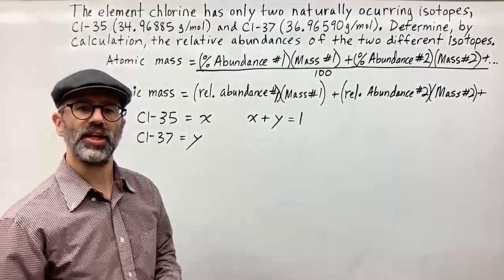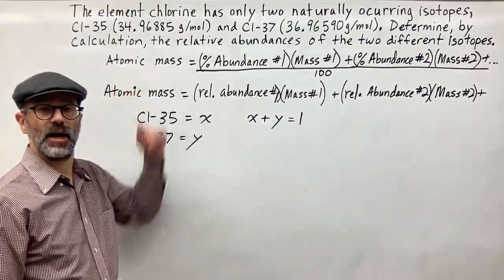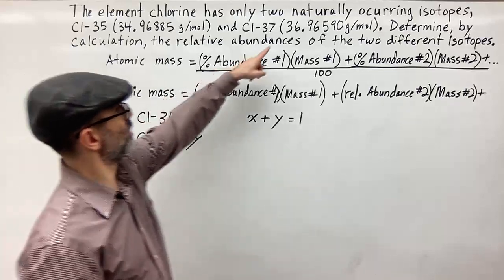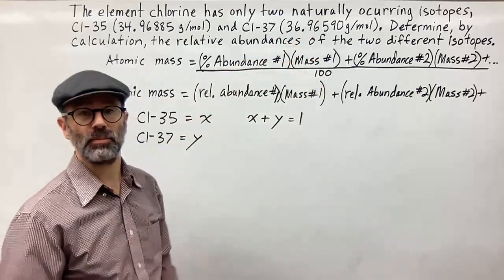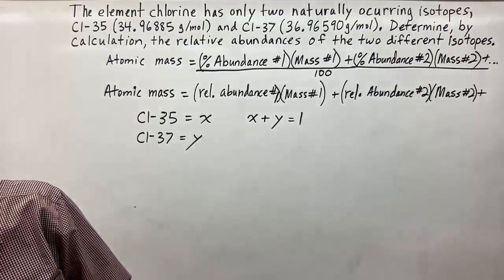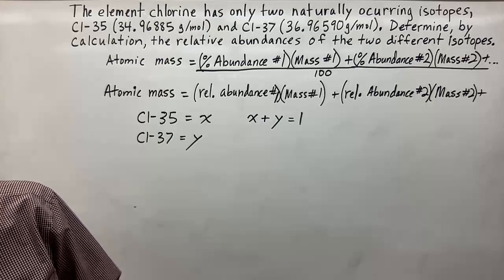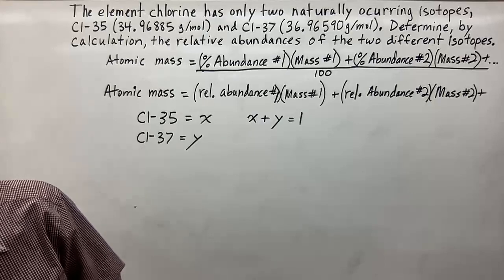There's just one more thing that we need, and that is the atomic mass. And we're going to need that. Since we have this in molar mass, we're going to put that in molar mass. So if you look on your periodic table, look up chlorine. Depending on what periodic table you have, mine says 35.453.